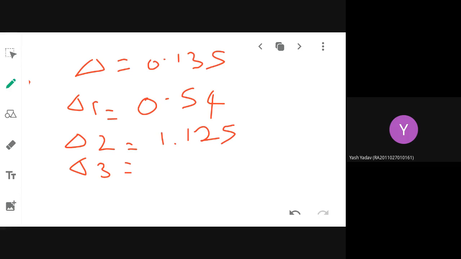What's the answer? Del 3. Utsav Anand. Del 3 is 3.15.